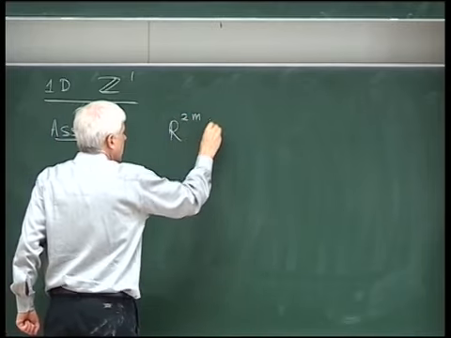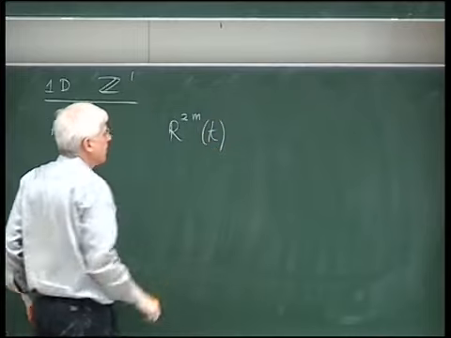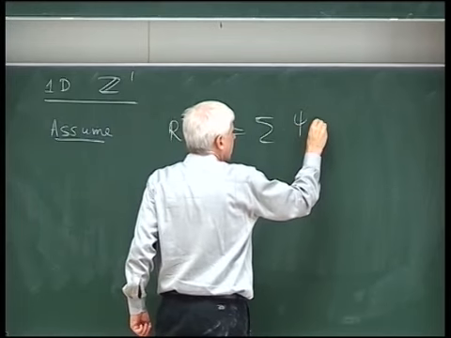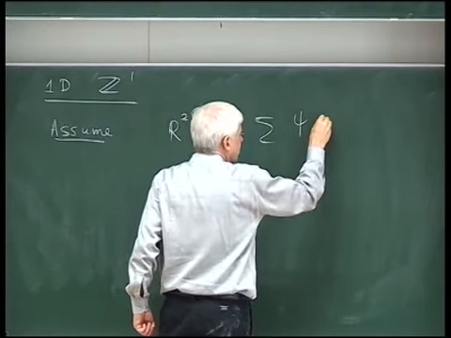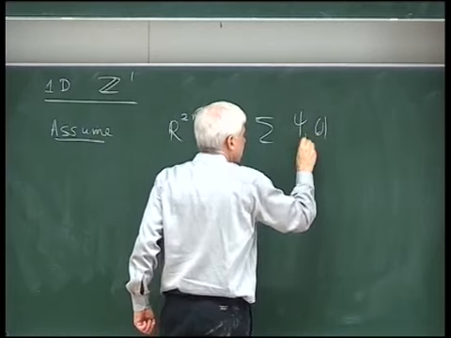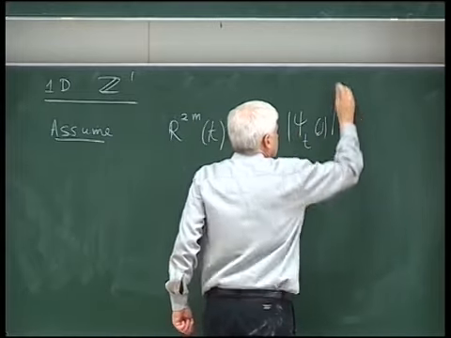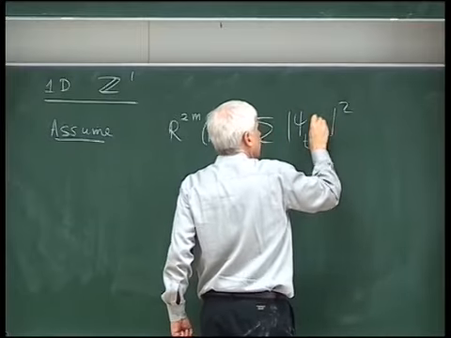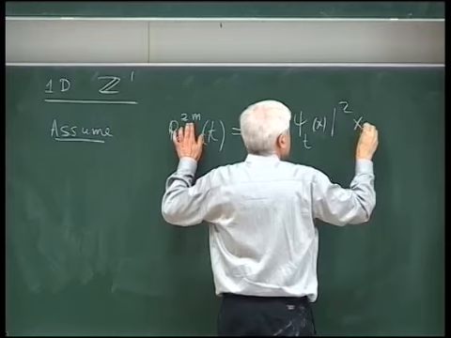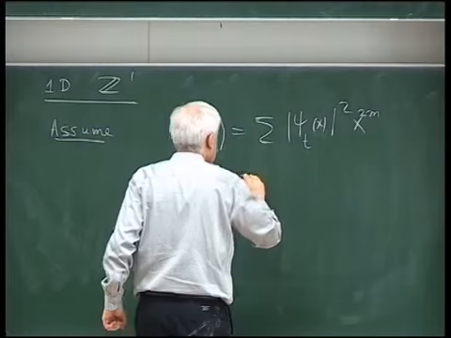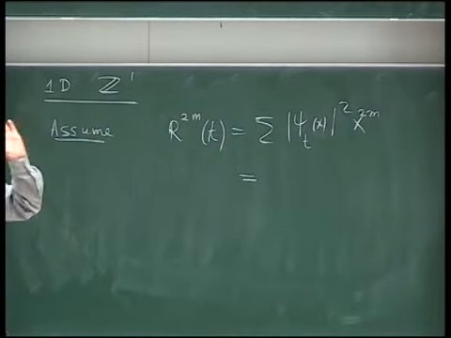Assume R2M of T. Remember, this means psi of X, psi of J, of T squared, and then I will have an X to the 2M here. Well, let's suppose this is what I'm going to call subballistic.